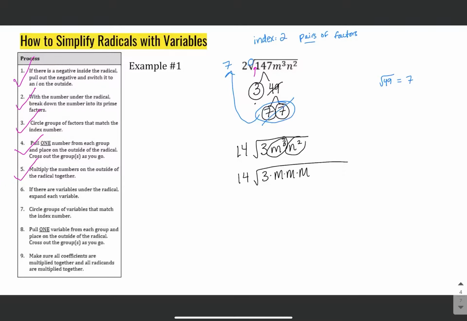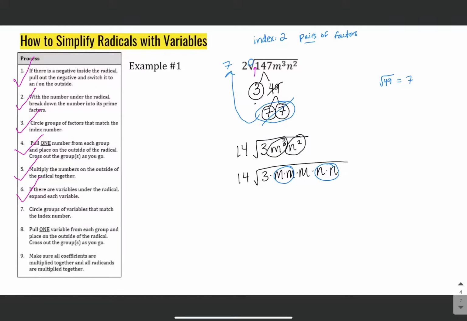I've got n squared, so it's going to be 2 of them, n times n. All right, so I expanded each. So now let's look at step 7. Circle groups of variables that match the index number. Oh, okay. So my index number is again 2. So I'm looking for pairs or groups of 2. Well, I've got 2 m's and I've got 2 n's.